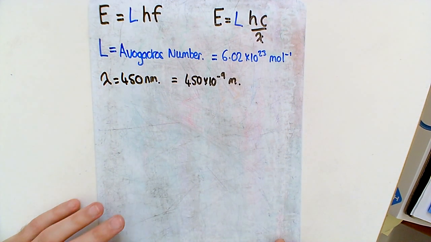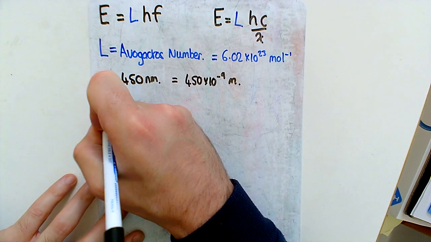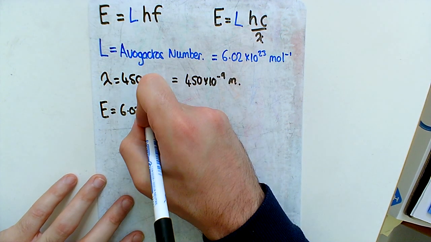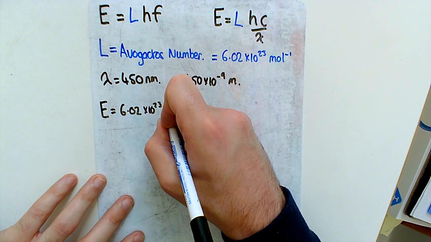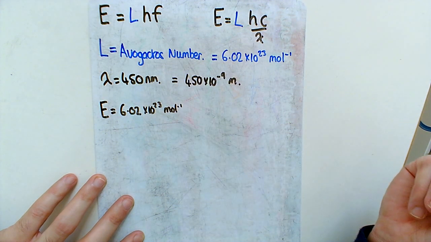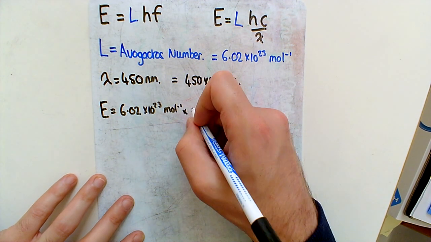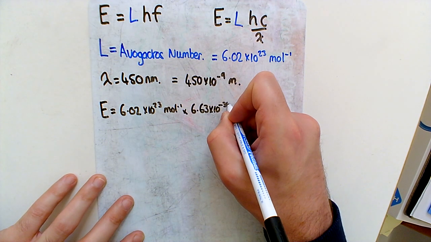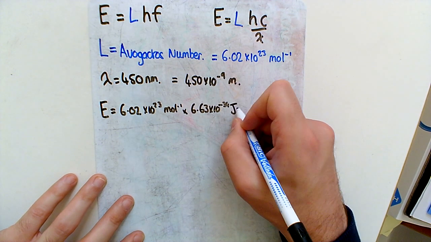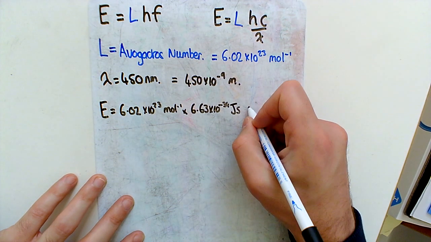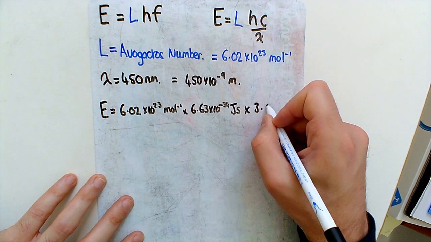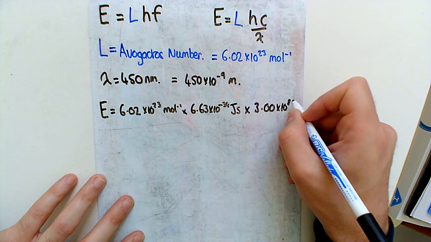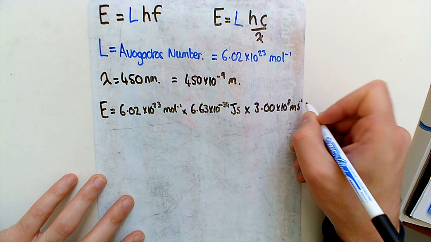So whenever we do this calculation, energy is equal to 6.02 times 10 to the 23 mole to the minus 1 multiplied by H, 6.63 times 10 to the minus 34 joule seconds multiplied by 3.00 times 10 to the 8 meters per second.